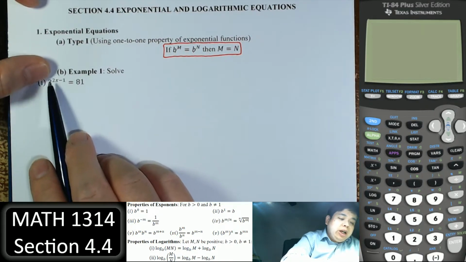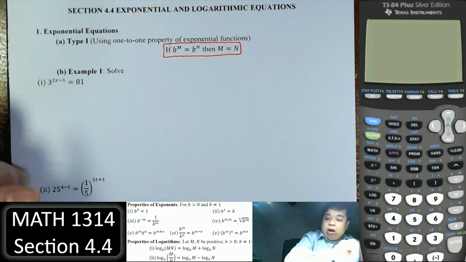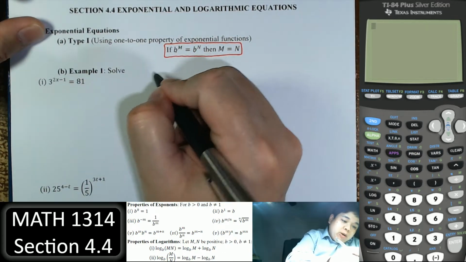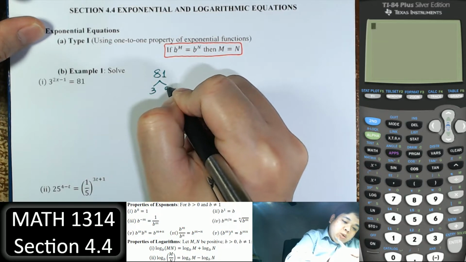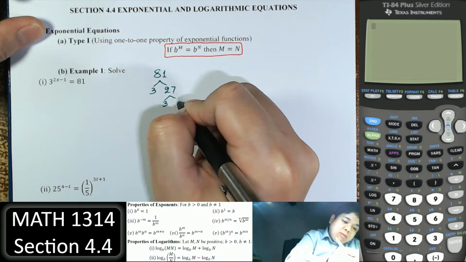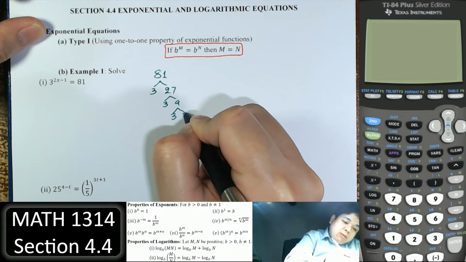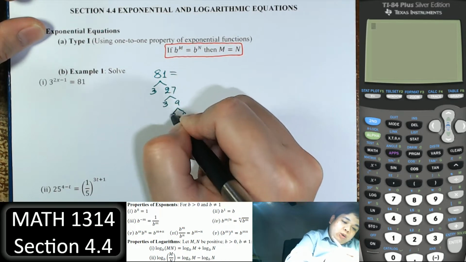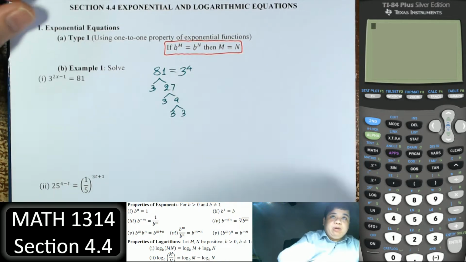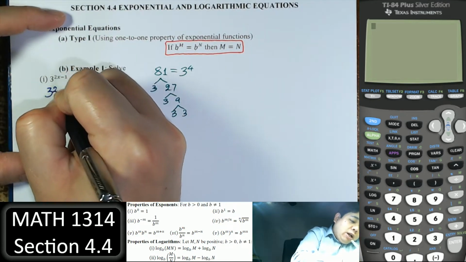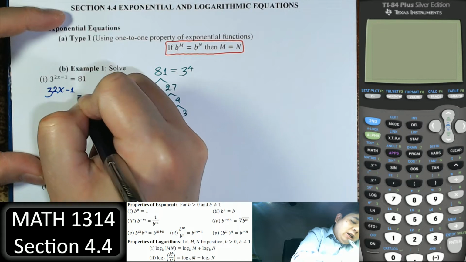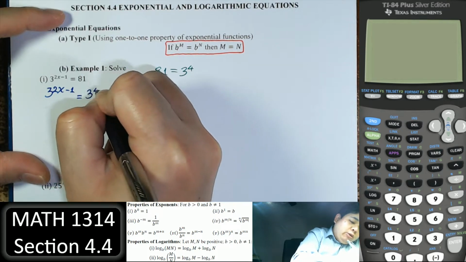3 to the 2x minus 1 equals 81. So 81, we can do the prime factoring for 81. 3 times 27, 3 times 9, and then 3 times 3. So 1, 2, 3, 4, 3 to the 4th power. So 3 to the 2x minus 1 equals 3 to the 4th power.